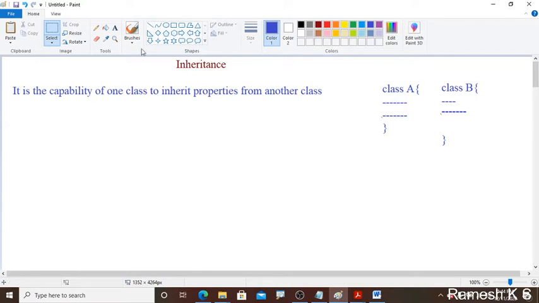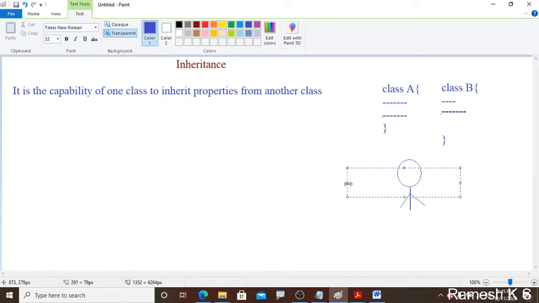One simple example I am taking. He is person X. He is one person. Now his name is Tom. Tom has good qualities. What qualities? Planting trees.